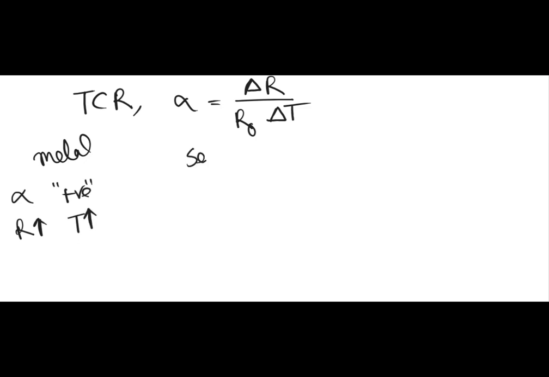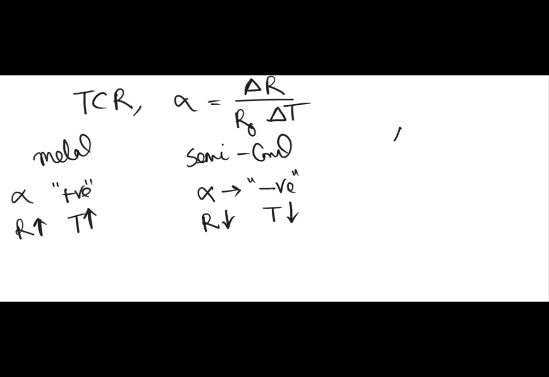For semiconductor, alpha is negative, and resistance decreases with the temperature increase.